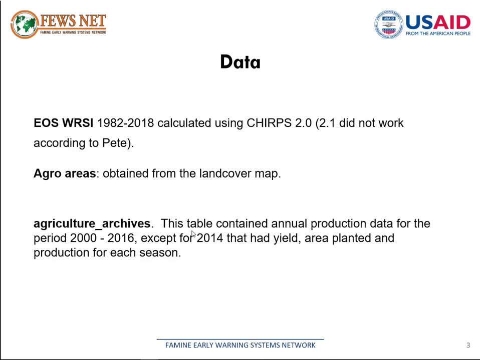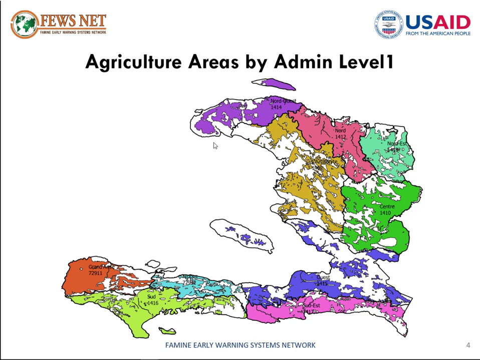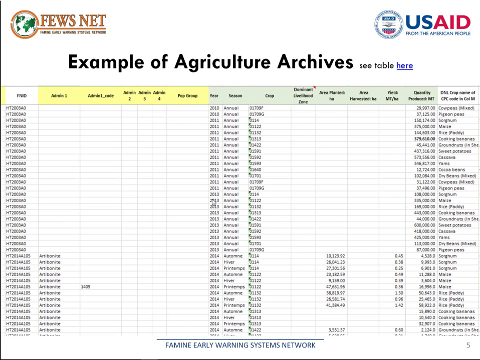So these are the growing areas, the agricultural areas by department, by level one. We have this table that is giving us information on the season from 2000 to 2013, giving us only annual information, and then in 2014 it is giving us seasonal information.